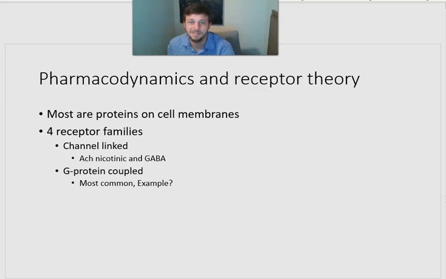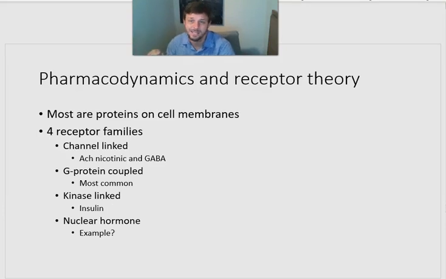G-protein coupled receptors are probably the most common. There's a lot of those out there. While your acetylcholine nicotinic receptors are channel-linked, your muscarinic ones are going to be G-protein linked. Also, when we talk about some of your adrenergic receptors, some of those are G-protein linked. Kinase linked. The only one that I can think of off the top of my head is tyrosine kinase, which is linked with your insulin receptor. And then you have nuclear hormones.